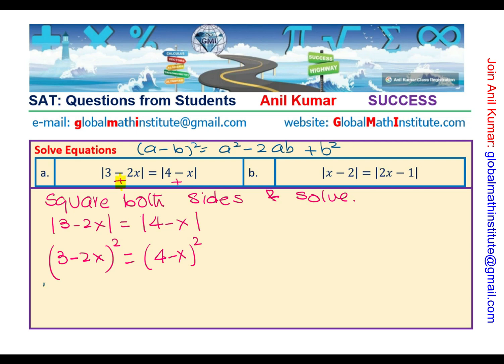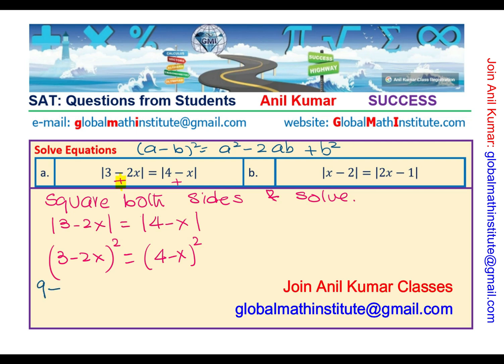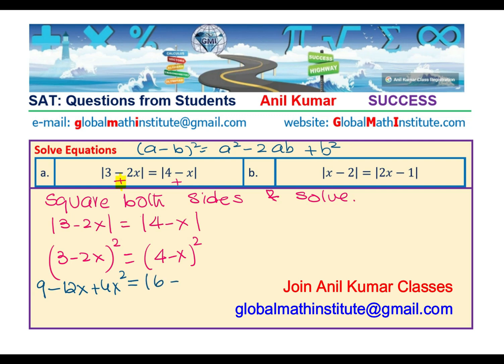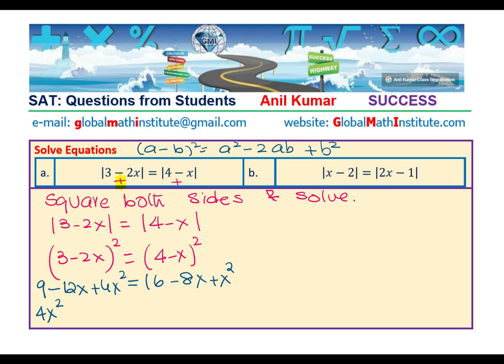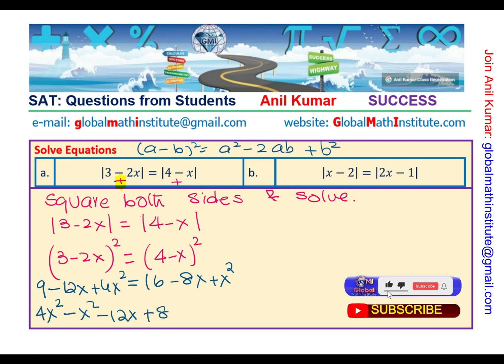So expanding, we get 9 minus 12x plus 4x square equals 16 minus 8x plus x square. Bringing the terms together, we have 4x square minus x square, and then we have minus 12x plus 8x plus 9 minus 16 equals 0.